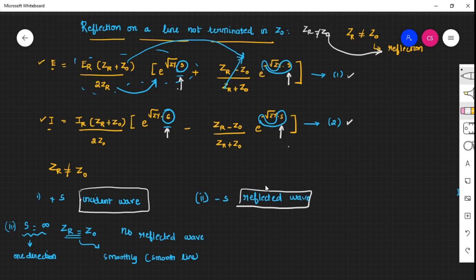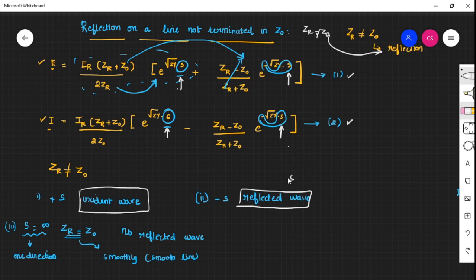So any general equations of current and voltage contain two components, the component of the incident wave and the component of the reflected wave. The incident wave varies exponentially with plus S, and the reflected wave exponentially decreases in amplitude with respect to distance.